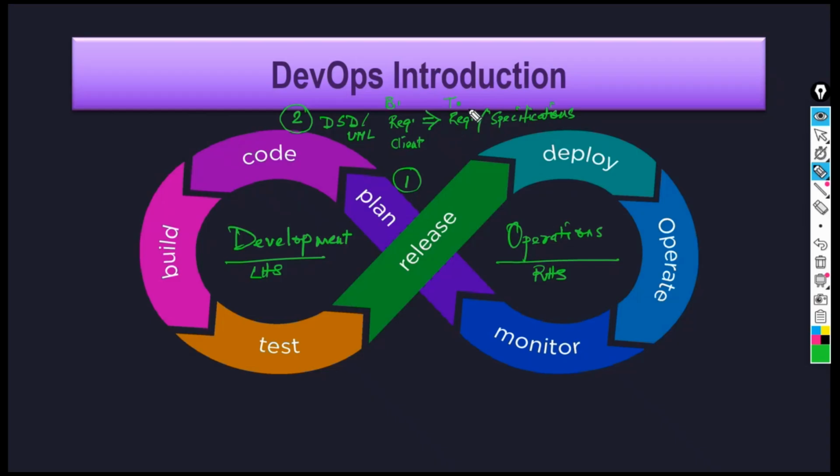Business analysts play a very important part over here. Then you have the solution architects and database designers. So many people will be involved in converting the business requirement into technical requirements or specifications.